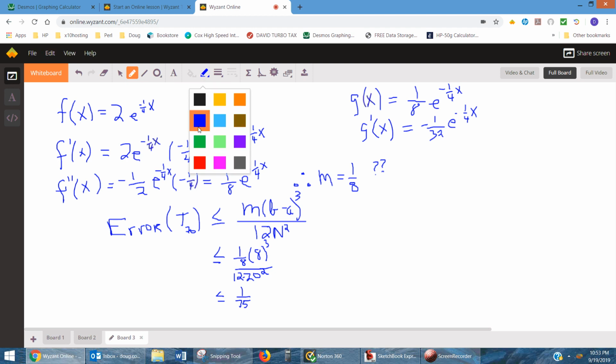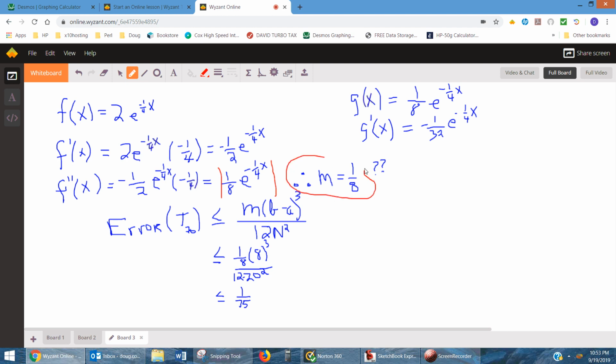I know that on board 1 we said that M is the absolute value of all the second derivatives. So this is the least upper bound. That's the smallest number that's greater than or equal to every value of the second derivative on the interval from 0 to 8. So M is 1/8.